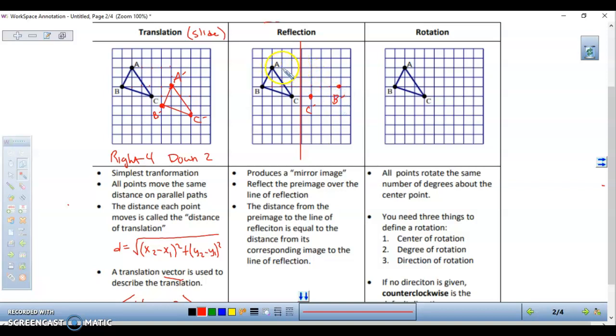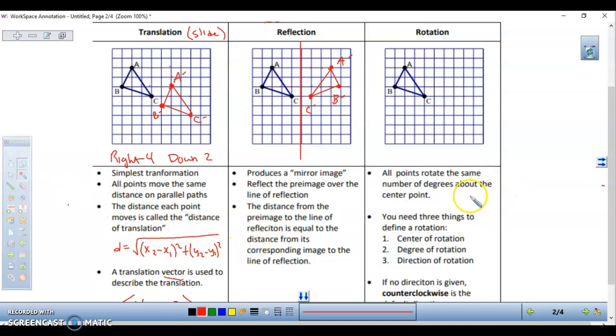And then if A is 3 to the left of that line, then A prime is going to be 3 to the right. And now I simply connect the dots, and I got my reflection. There you have it. You can see it's a mirror image of that original diagram.